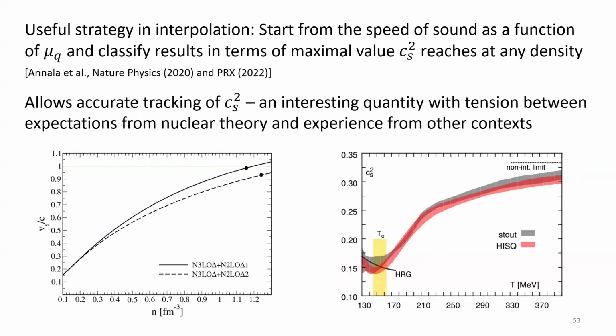There are many reasons, but one of the main ones is that this allows us to keep track of the behavior of the speed of sound in this system. In this context, it's interesting to note that this neutron star matter equation of state inference activity really resides between two different communities.